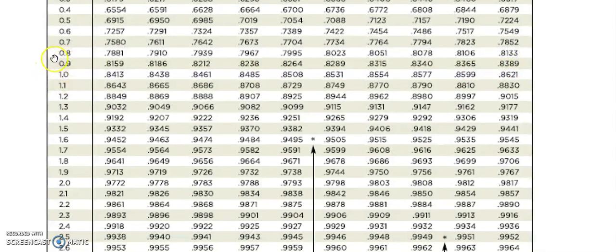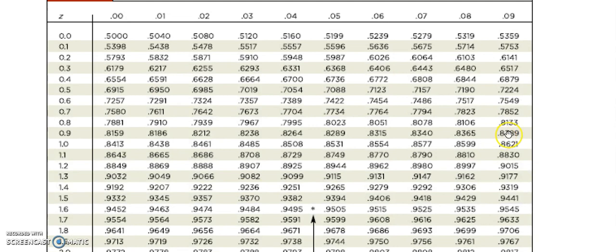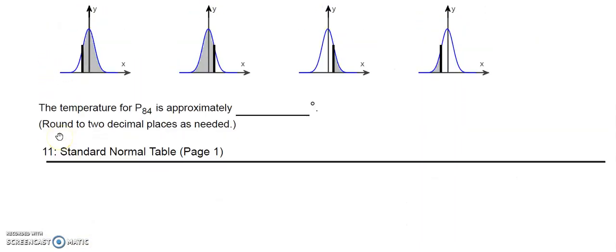So it's right in between. Actually, this is 0.99. So it's right below 1. So 0.99 is the temperature for P84.